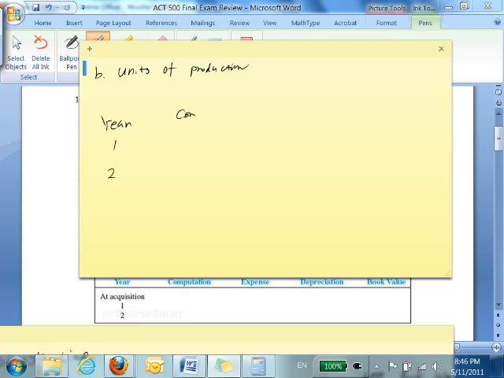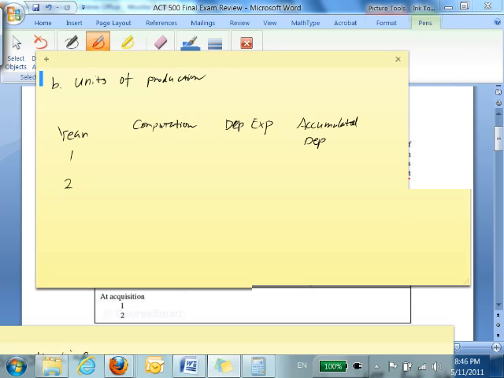Let's see the computation. Then we have depreciation expense, accumulated depreciation, and the net book value.